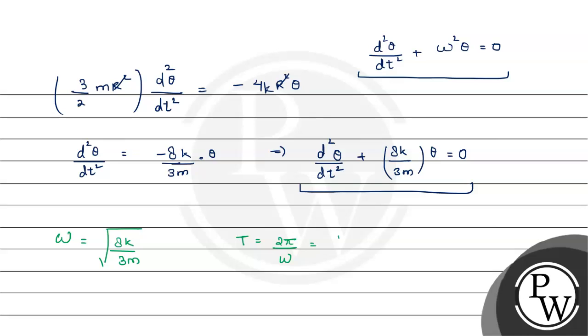So it will be equal to 2 pi into square root of 3m by 8k. Hence it is the expression for the time period without sliding. So we can also simplify it further. It will be equal to pi times square root of 3m over 2k. So this is our final answer.